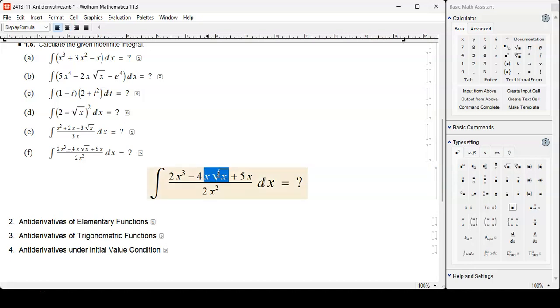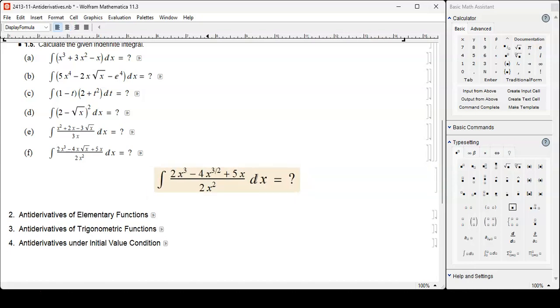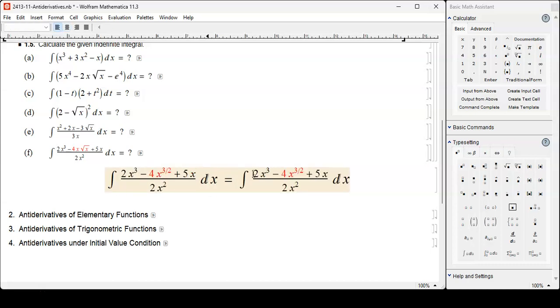Again, before starting, let's rewrite this into power form first. So 4 square root of x, I change this into 3/2 power. This one here, I change it like this. Alright, and then let's do appropriate simplification here. Let's separate the numerator.